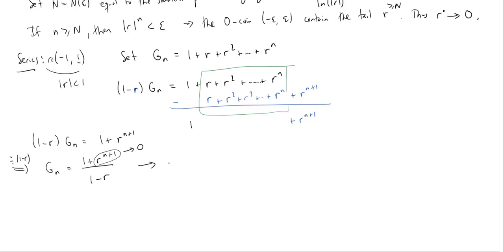And so in total, this is going to get to 1 over 1 minus r. But again, g sub n is just the nth term in the sum sequence of r to the n. So this tells you that the sum sequence is going to converge to 1 over 1 minus r, or if you prefer, the series starting at 0 of r to the n is equal to 1 over 1 minus r.